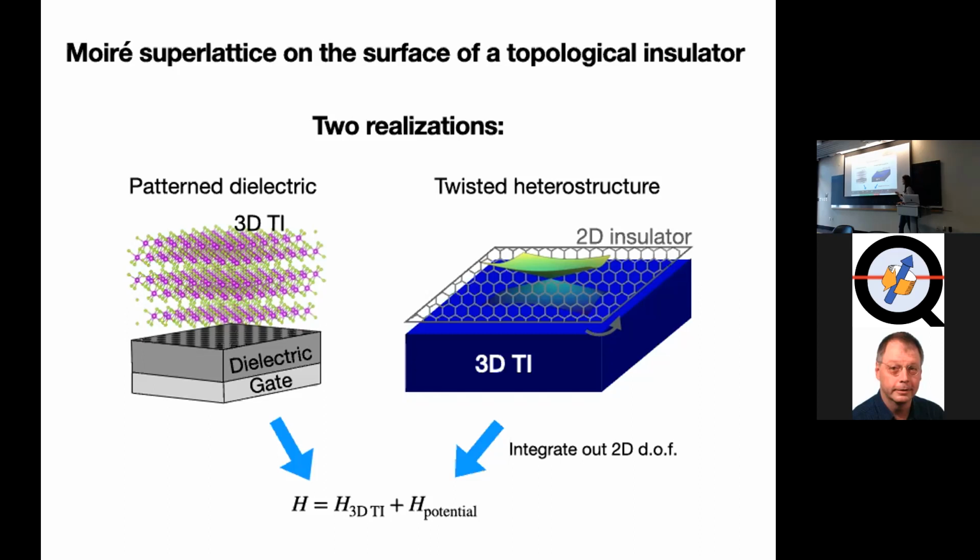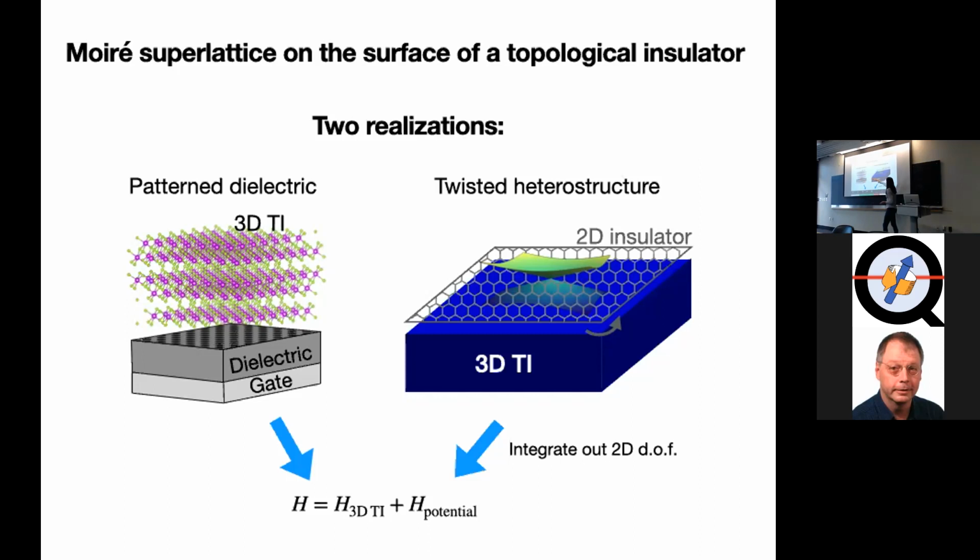And we can see two routes to doing this. The first route is shown on this side. This is bismuth selenide. We take some dielectric material, punch a lot of holes into it, and put a gate underneath. This creates a spatially modulated potential that will be felt on the surface of the TI. So that's one route.